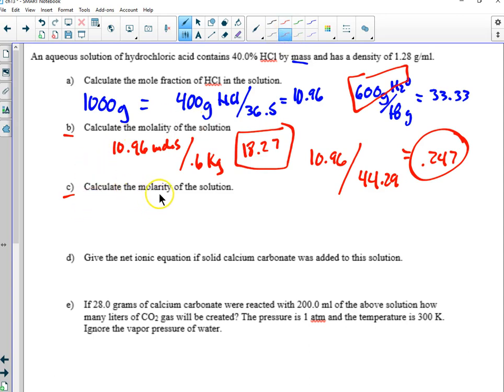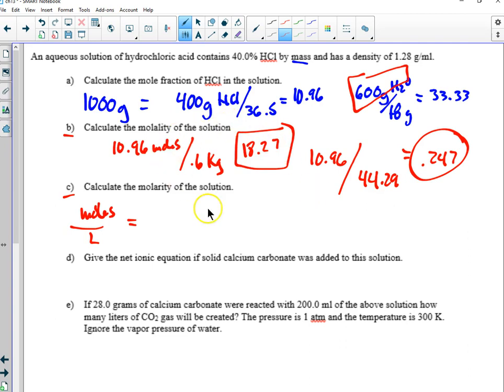All right, calculate the molarity of the solution. Moles per liter, right? So in order to figure this out, I need to know how many moles there are in a liter of this substance, and now I have to use the density.